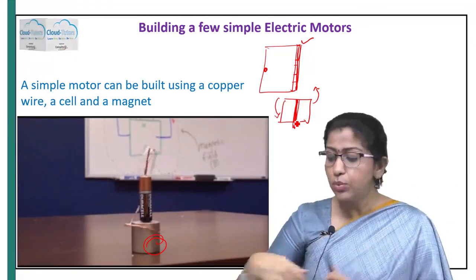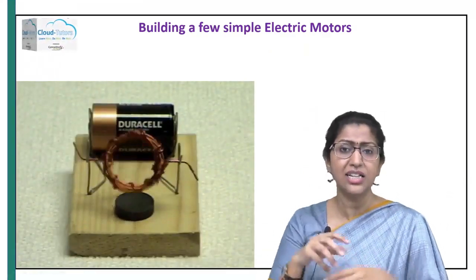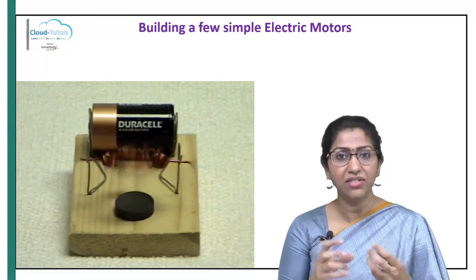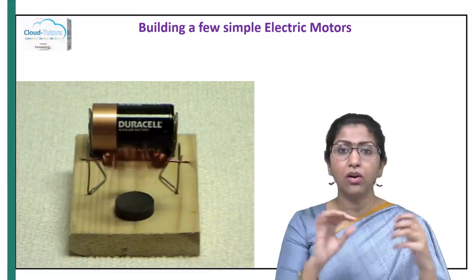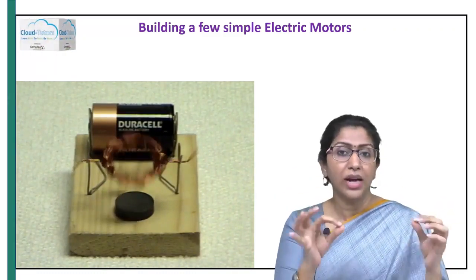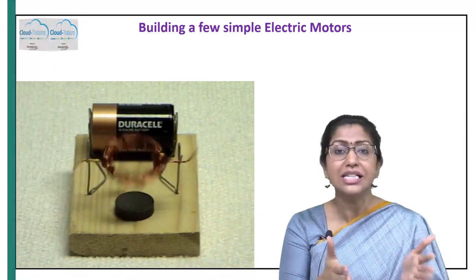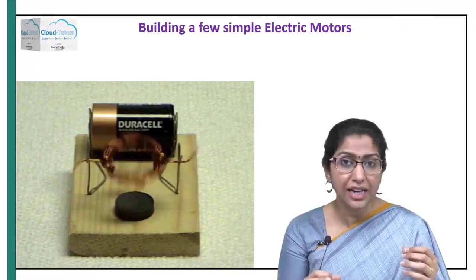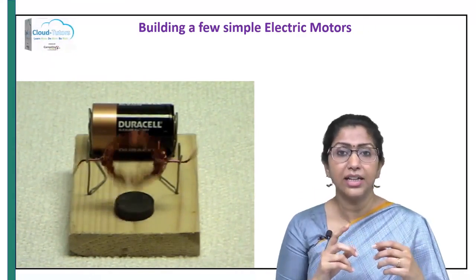All right, this is one way of building a simple electric motor. Another one, as you can see here, is a little more sophisticated. It's again the same principle. Here we have used copper wire and wound it into a coil, and the two ends of the coil are connected to the two ends of the battery, the Duracell voltage source. As soon as we make the connection, an electric current flows through the coil.